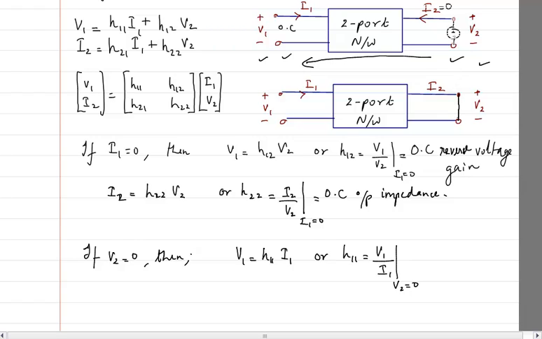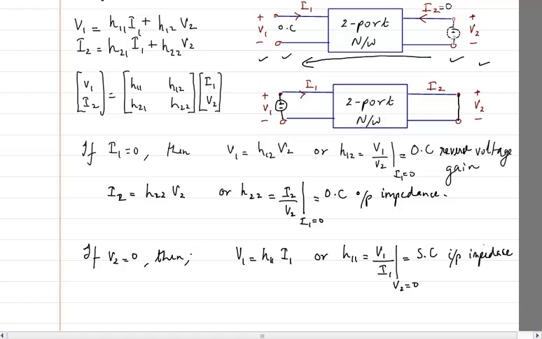And here is the voltage that we are keeping. There is some voltage, or you can say current source also, but right now I will draw it as a voltage. So V1 divided by I1 is the input side impedance, but when the other side is short circuited, isn't it? So I will call it short circuit input impedance.